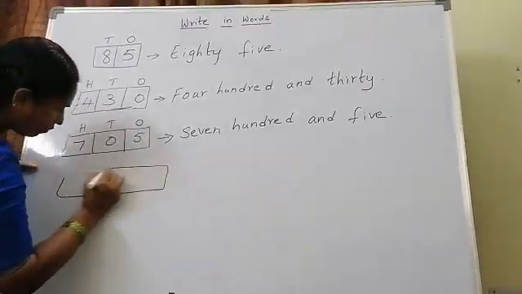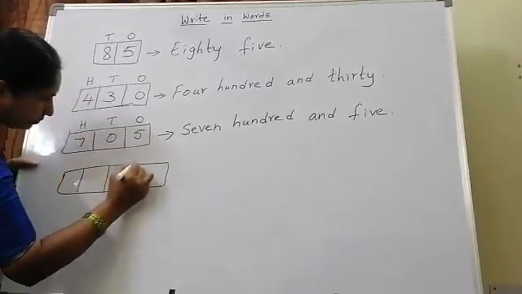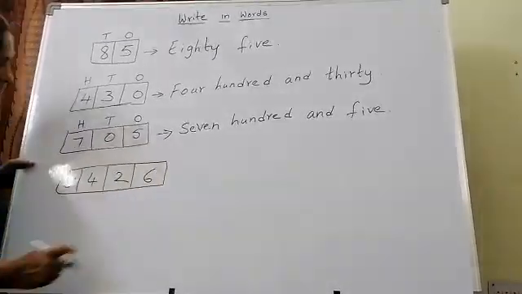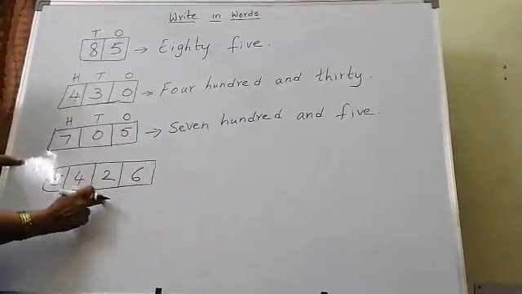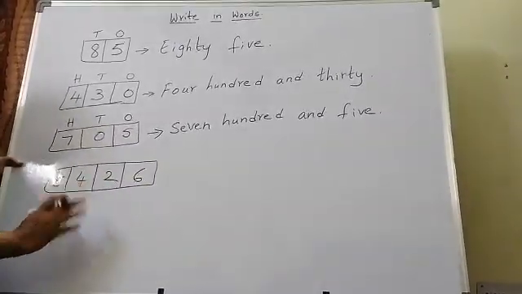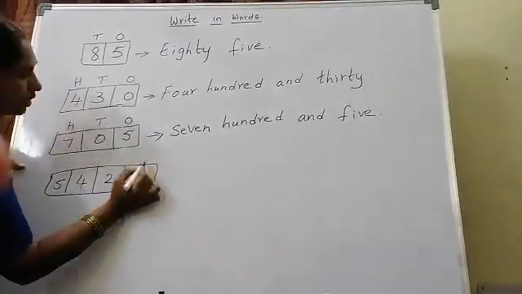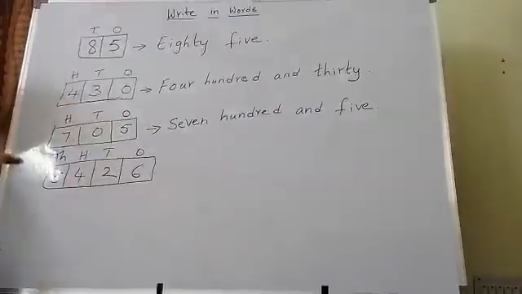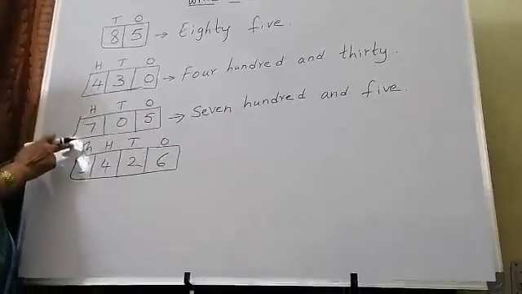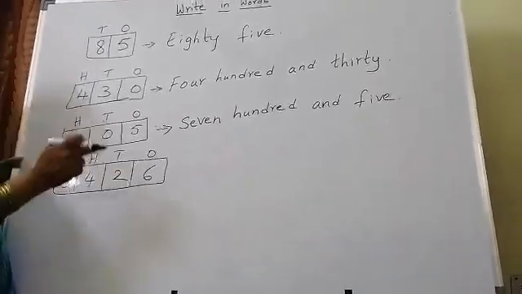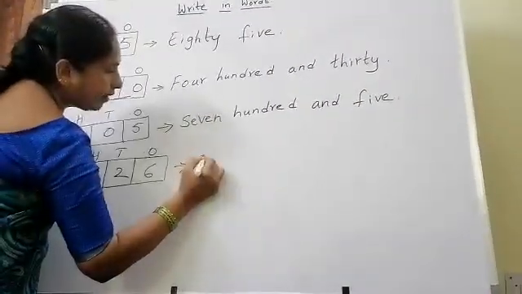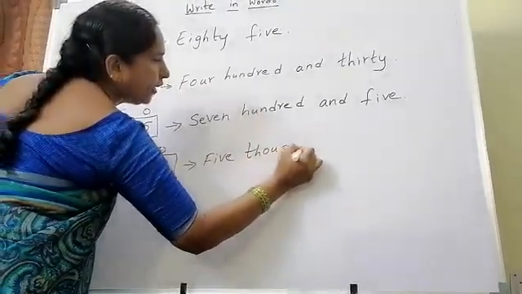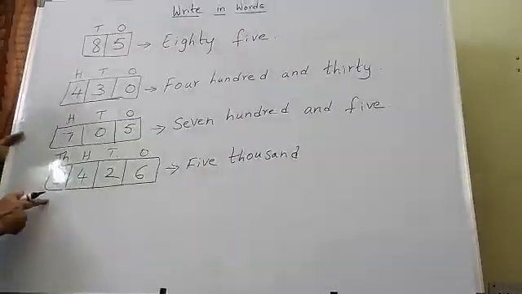Here we have taken 3 digits. Now we are going to take a 4-digit number. See, 5 in one box, 4 in one box, 2 in one box, 6 in one box. After writing the numbers, write the place values: ones, tens, hundreds, thousands. Here 5 is in which place? Thousands place. So 5,000. F-I-V-E, 5, T-H-O-U-S-A-N-D, 1,000, 5,000.